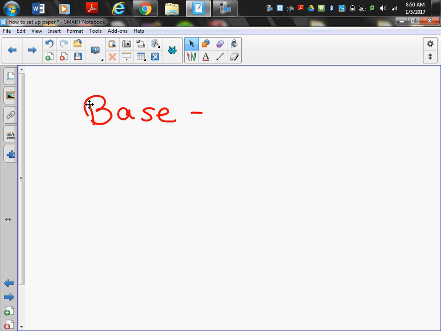The sides of pyramids and prisms will always be rectangle, square, or triangle.